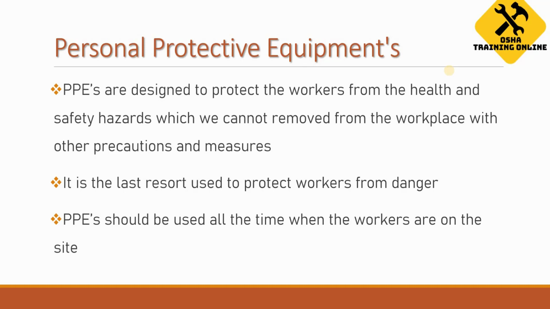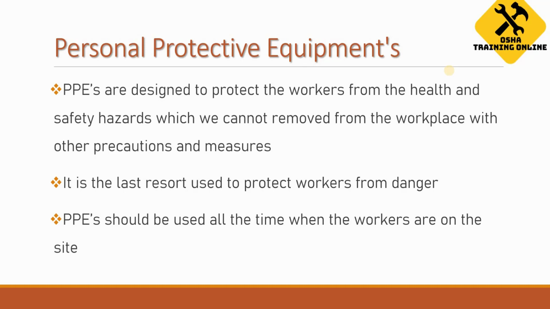So when we lack all other things, in the last we use PPEs. There are some situations where other policies and precautions do not work, and other measures fail. In that case, we use PPEs. It is basically the last resort used to protect the worker from danger.